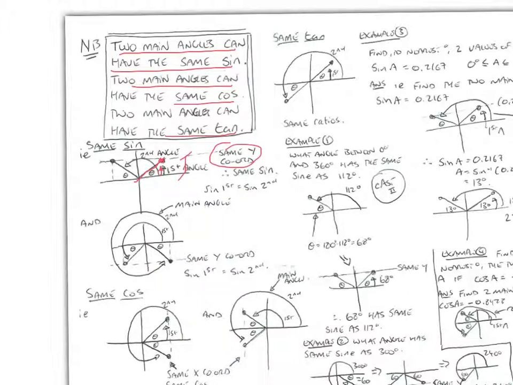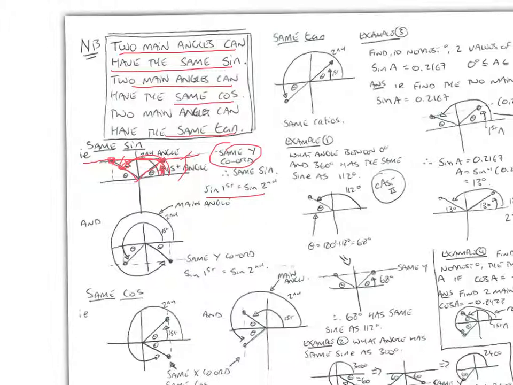In theory, we can have another angle here with the same y coordinate value, the same sine. So there's one angle here, and there's our second angle. So the sine of the first angle is equal to the sine of the second.